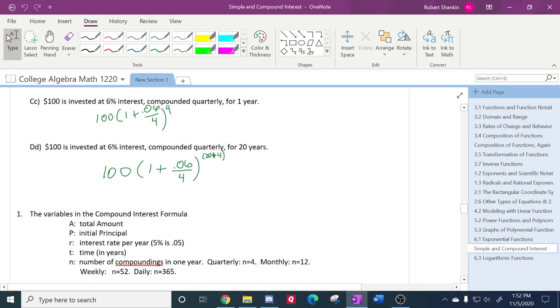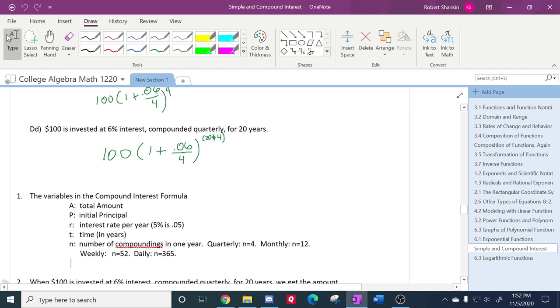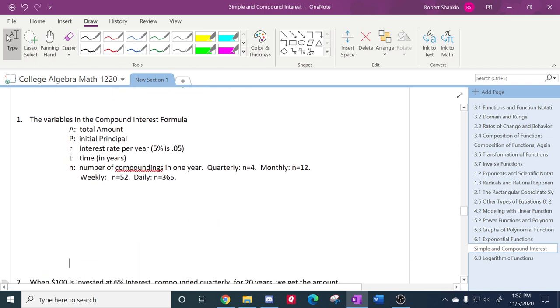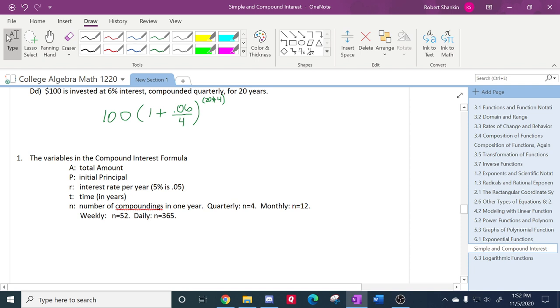So, the variables, we're going to get to the compound interest formula now. And the variables in the compound interest formula are A for total amount, P, initial principal, how much we invested, R is the interest rate per year.